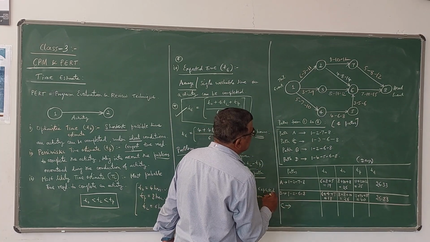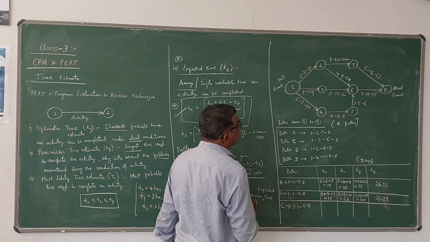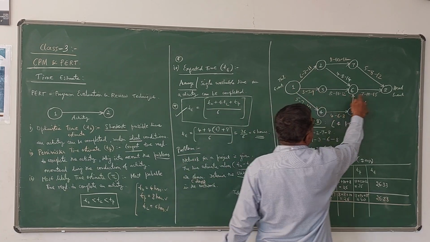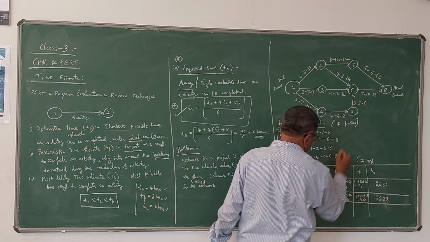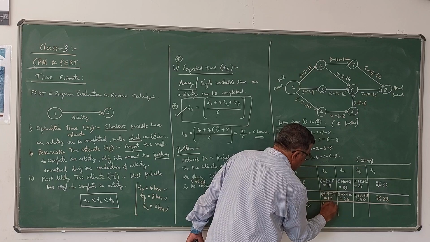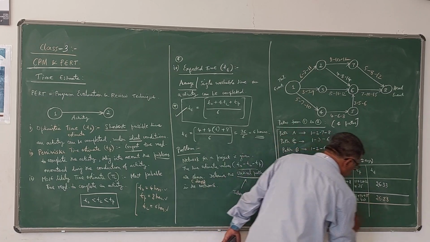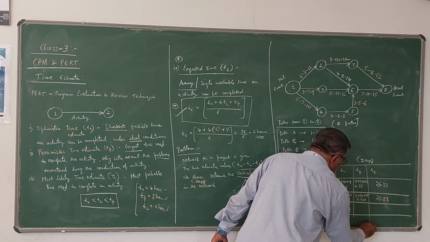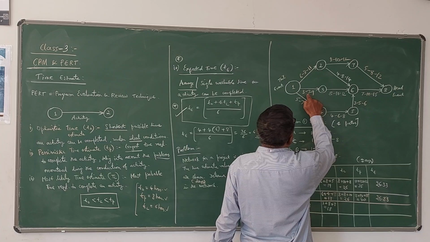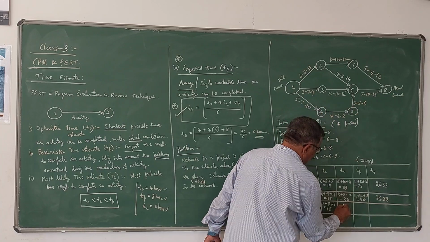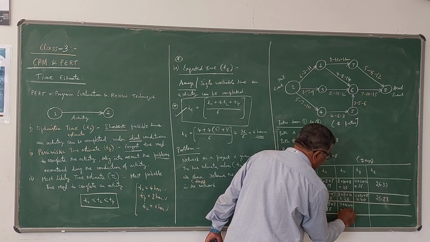Path C is 1, 3, 6, 8. The T naught values are 3 plus 8 plus 7, that is 18. Next, the TL value: 7 plus 10 plus 10, 27.